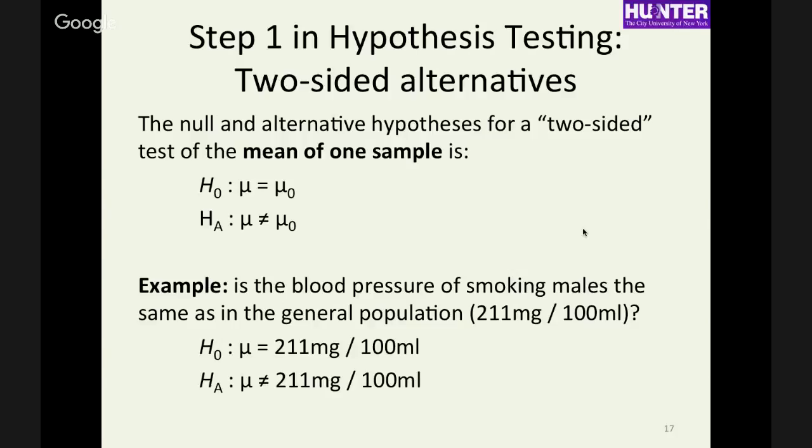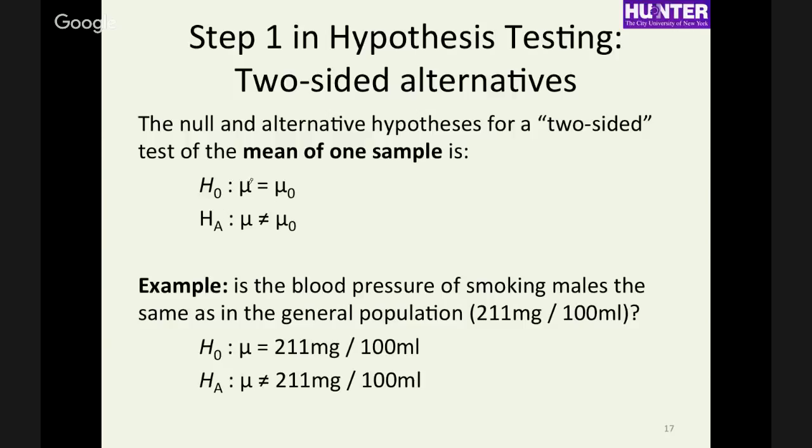Two-sided alternatives, we call them two-sided because the difference from the null hypothesis could be something either greater or less than the null value. And we write these down as follows. So H0, that's the null hypothesis. The colon, that's just kind of a standard for writing what follows.